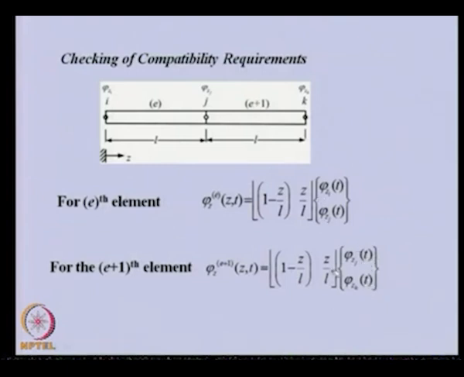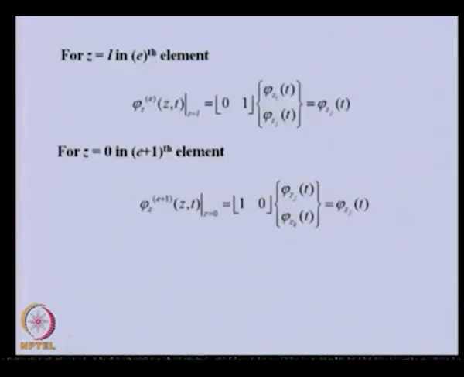So, using these two we can make predictions. From the first we can predict the angular displacement in the Eth element, and from the second we can predict for the E plus 1th element. But at the common node we can predict from this element and from that element, and we need to see whether this prediction is the same or not. So, let us see for the Eth element, if we substitute z is equal to L, which corresponds to the jth node.